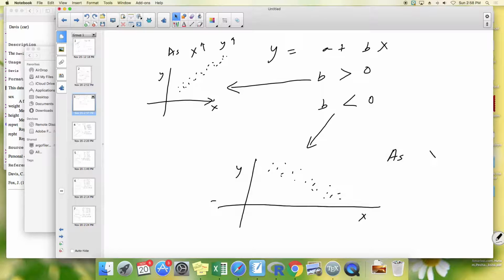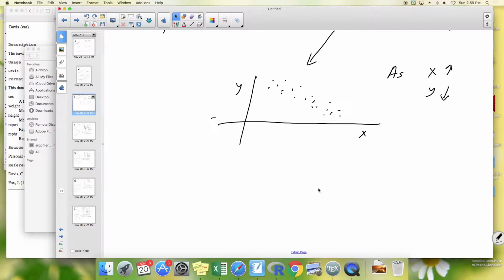As x increases, y decreases. So the direction here is positive, and here the direction is negative. Okay, so that's one thing.